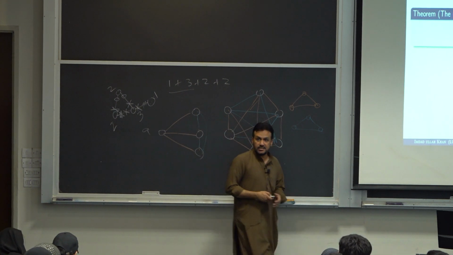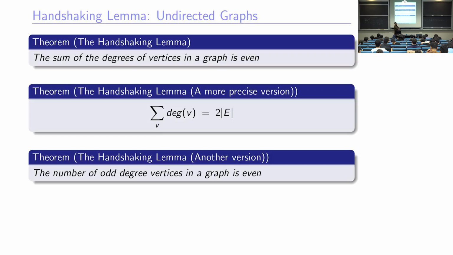Is this clear? Okay. So another piece of derived information from the handshaking lemma is that if you look at all the degrees, some vertices will have degree which will be an odd number, some vertices will have degrees that will be an even number. How many vertices could have odd degrees?